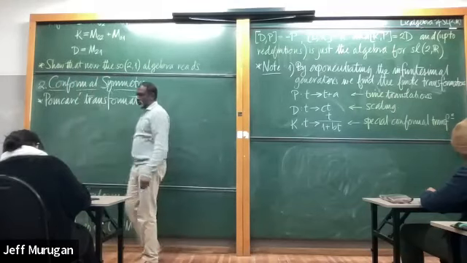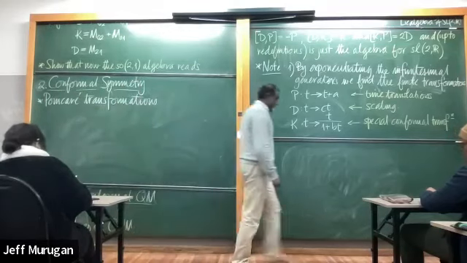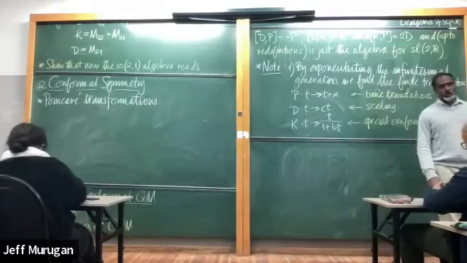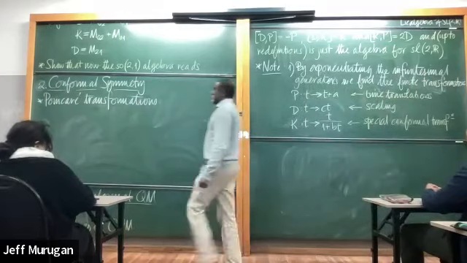Poincare transformations are transformations that leave the Minkowski metric invariant. Okay, what do I mean by this?